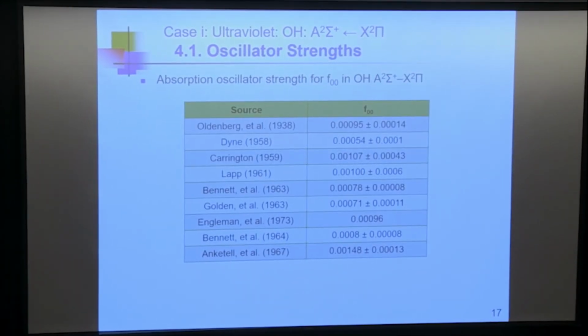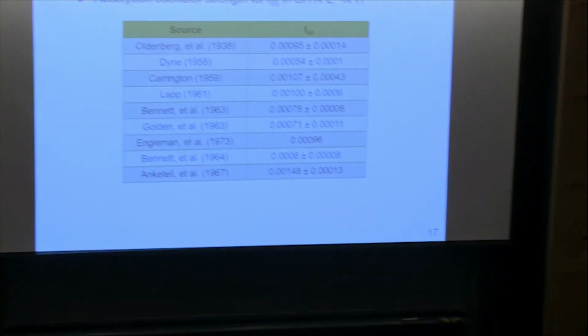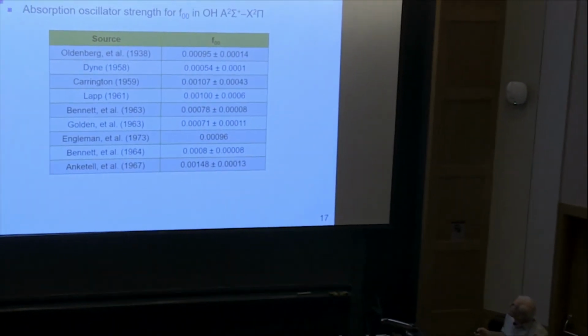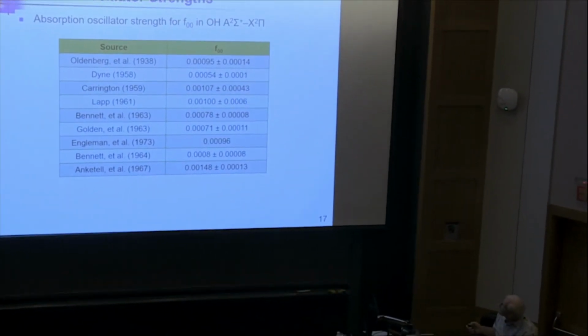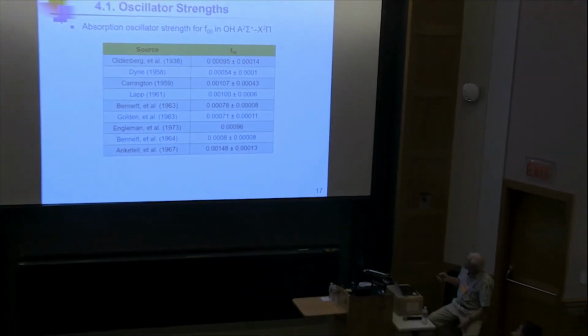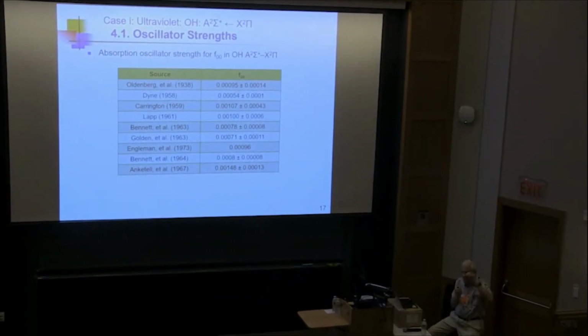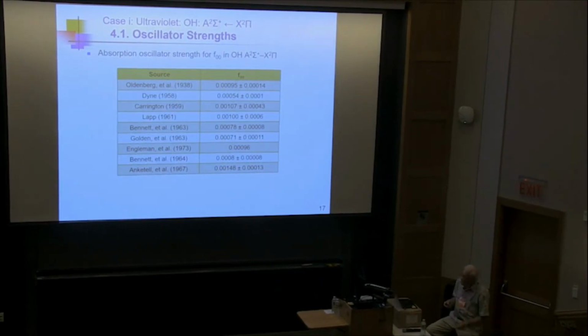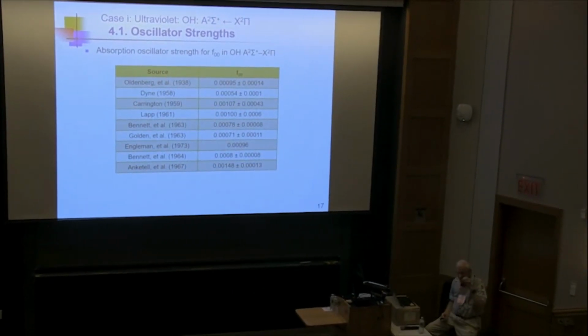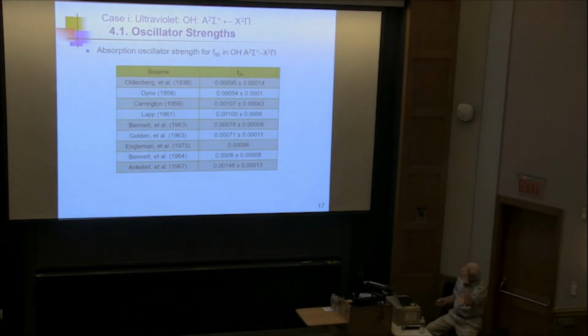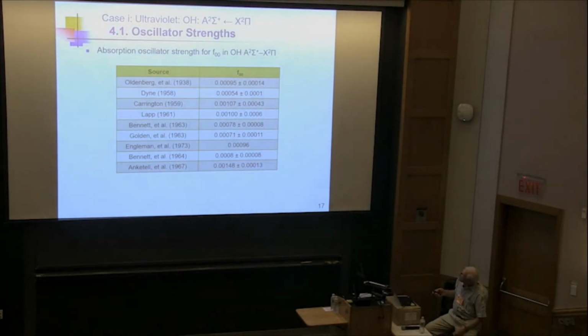Now, you'd like to think that the oscillator strength is well known. Now this would be f00. So f00 would mean I'm talking about the transition probability between specific v's; it's the oscillator strength for going from 0 to 0. Over time, people started measuring this back around 1938. They got a number which is amazingly good, 3 zeros, 9.5.